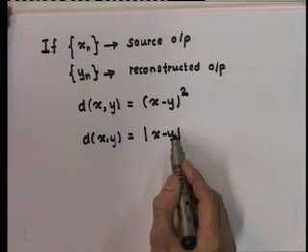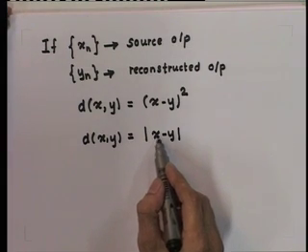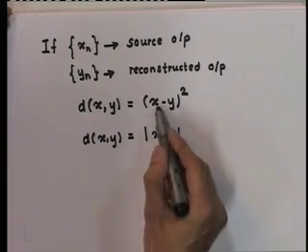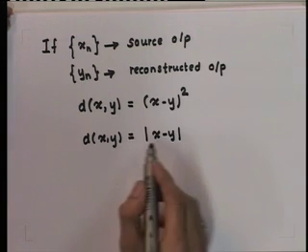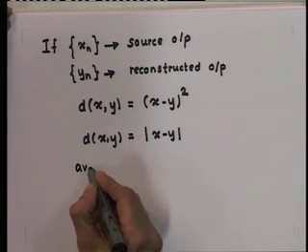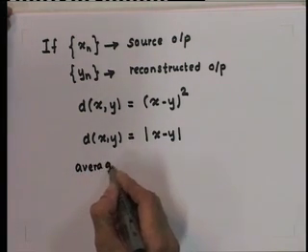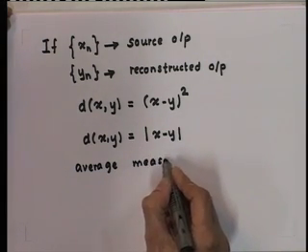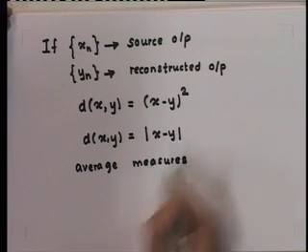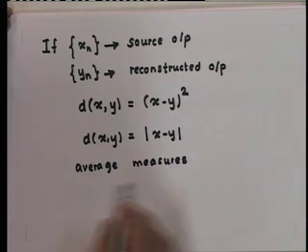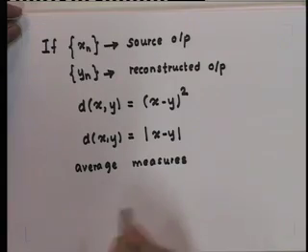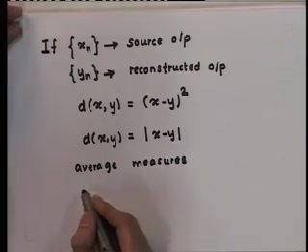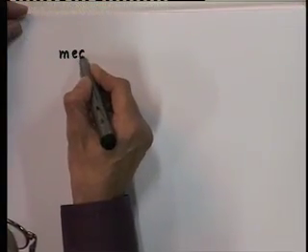Now, in general, it is difficult to examine the difference on a term by term basis. Therefore, a number of average measures are used to summarize the information in the difference sequence. The most often used average measure is the average of the squared error measure, and this is called the mean square error.